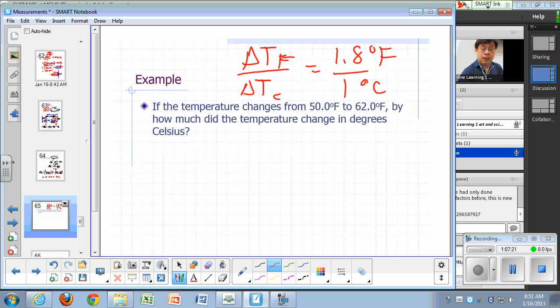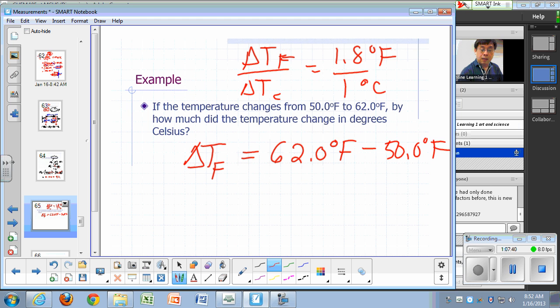That's where the 1.8 comes from. So, but how much did it change in degrees Celsius? What's our delta T in Fahrenheit? Change in temperature. The final temperature is 62.0 degrees Fahrenheit minus 50 degrees Fahrenheit. You're looking at a change of... Question? Oh, okay. What's the answer?